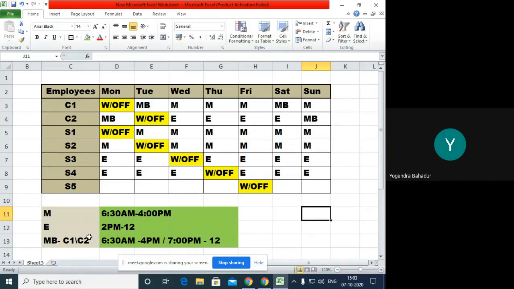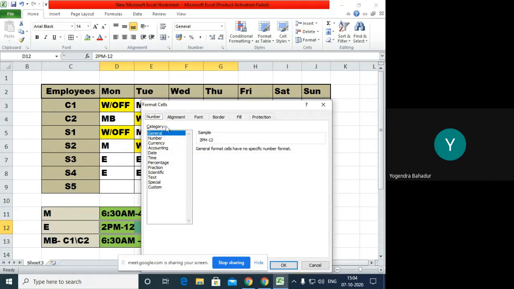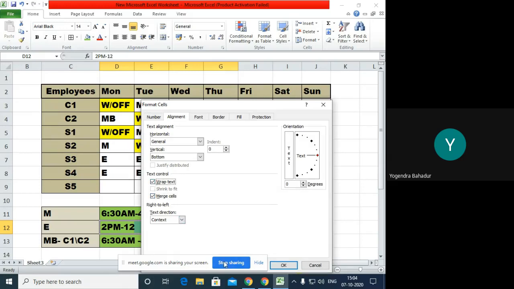And this particular morning break, C1, C2, again I'm repeating, is for Captain C1 and C2 only. Okay, so as far as the captain is concerned, everything is fine.